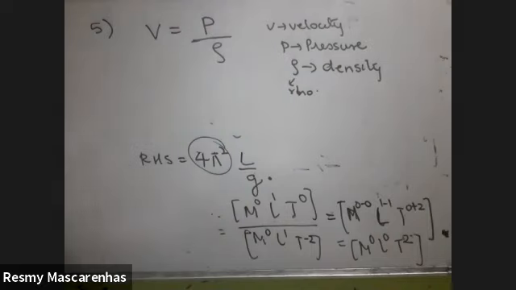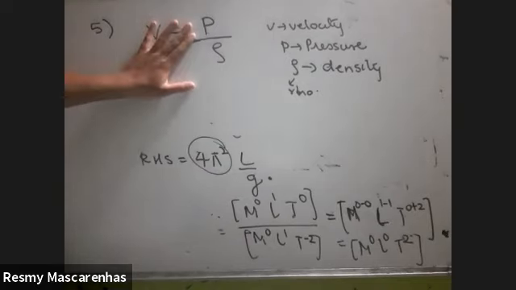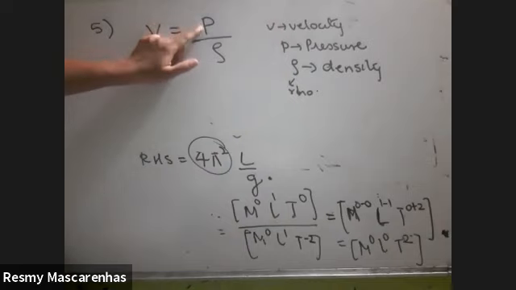So obviously you know the dimensions for velocity, you may not know the dimensions for pressure, and you should know the dimensions for density. You have to practice that table again and again, the starting one. Otherwise, if you don't know the dimensions, how will you calculate even the basic formula? So you know pressure will be what?